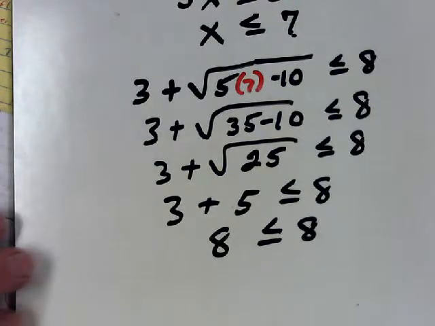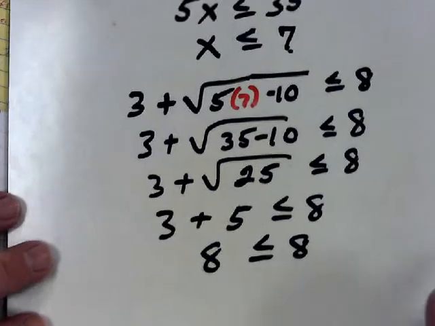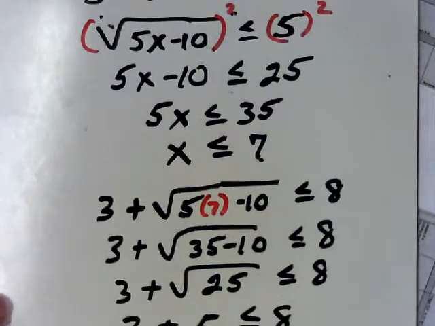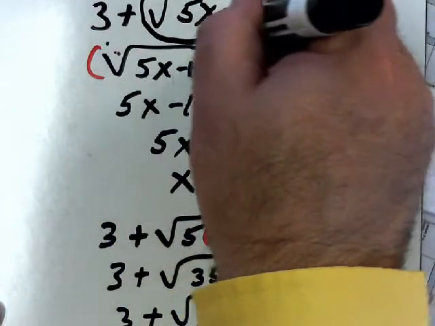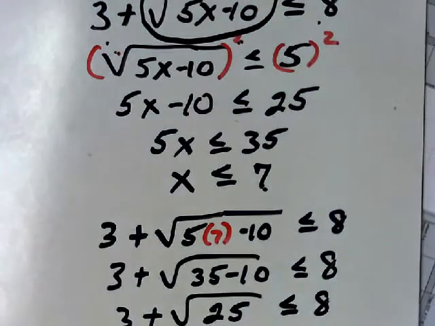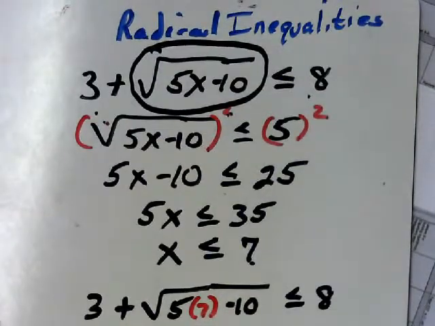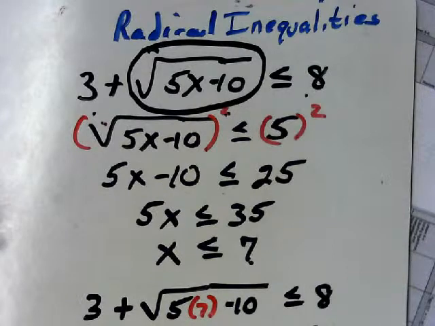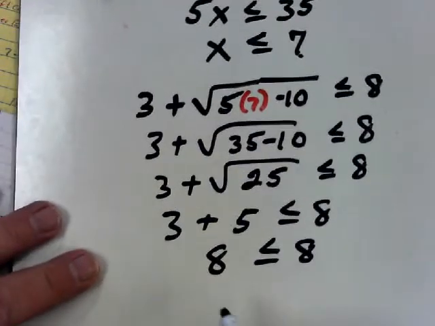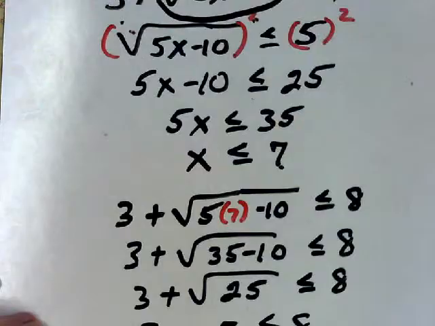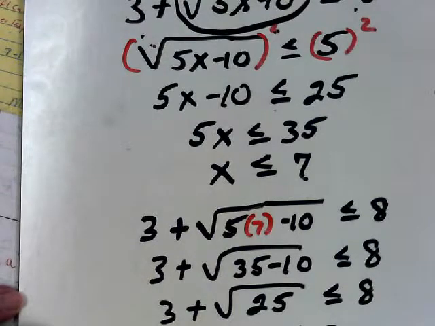Okay? The other thing that we have to worry about with an inequality, which we did not have to worry about with an equation, is the radical itself. And with it being a square root, we have talked about this before, can you find the square roots of negative numbers? No. Can't find the square roots of negative numbers, so you have to go through, and we have done this process before, take this radical, which was 5x minus 10, and it has to be greater than or equal to 0.